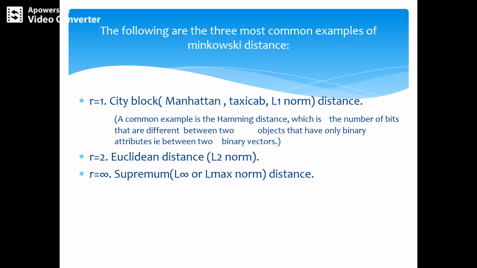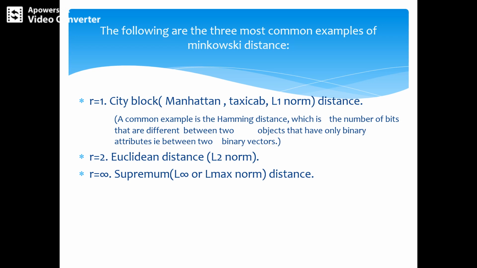When r equals 2, that is called the Euclidean distance, or the L2 norm. When r equals infinity, that is called L max or L infinity norm. Both names are the same. This is the maximum difference between attributes of the objects.